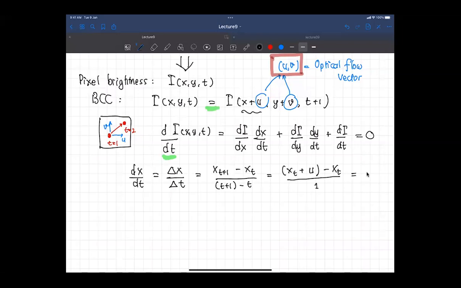And it is equal to u. So dx/dt equals u. And we can do the same for dy/dt.